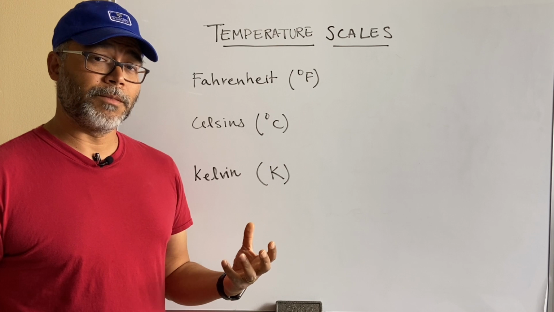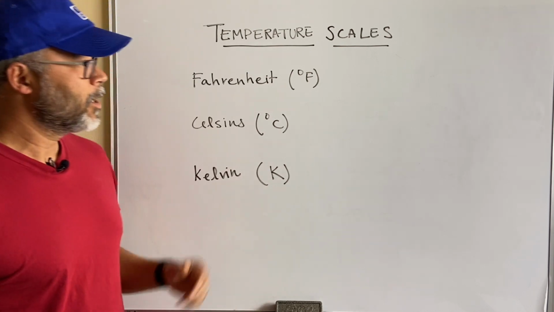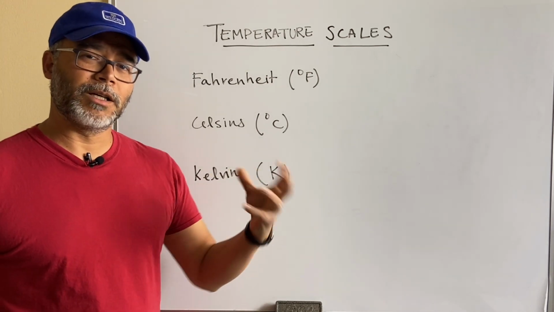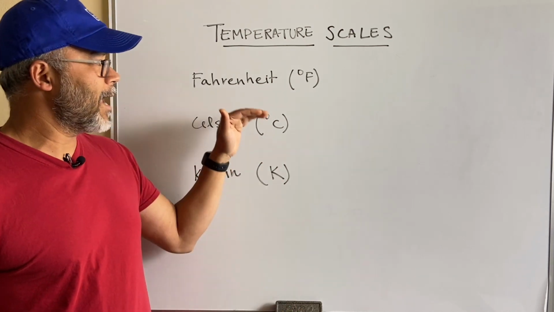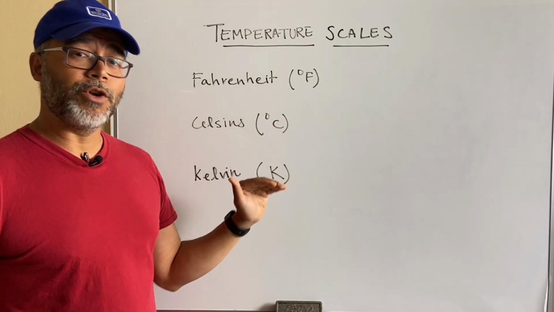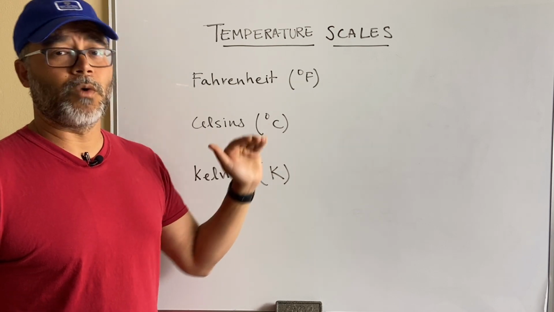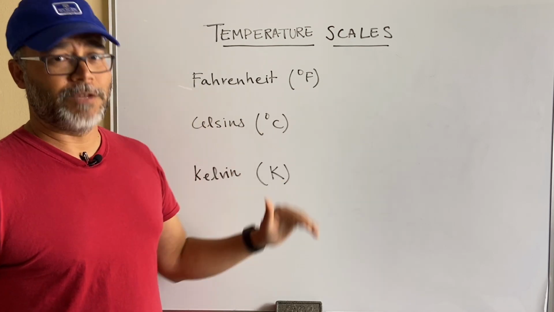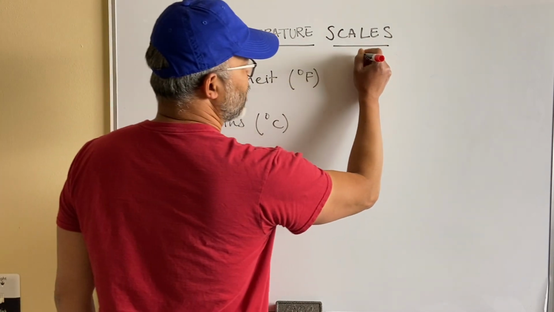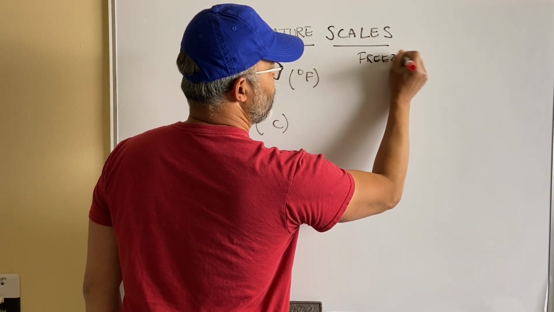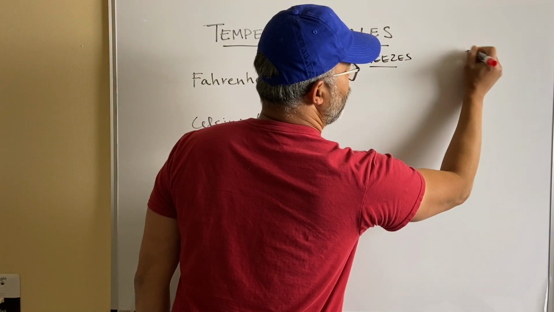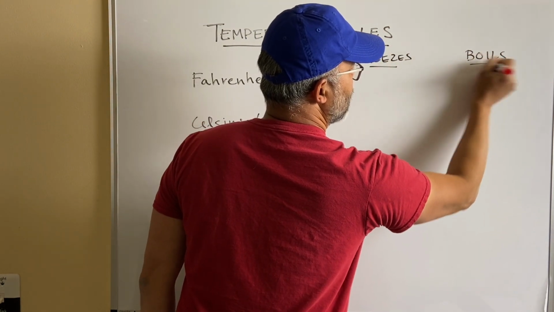So let's take a look at it, water, okay? So all these scales are kind of based off the freezing point and the boiling point of water. So we'll just go ahead and show you what temperature water freezes and water boils for each of these scales, okay? So if I write freezes out here, and then boils out here.